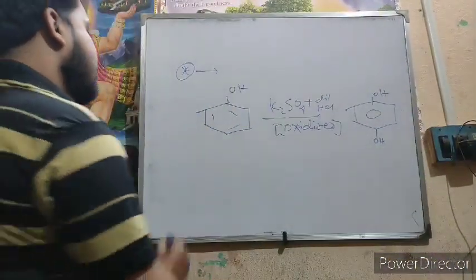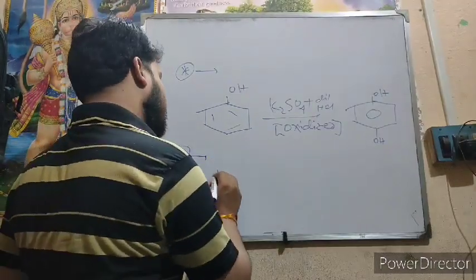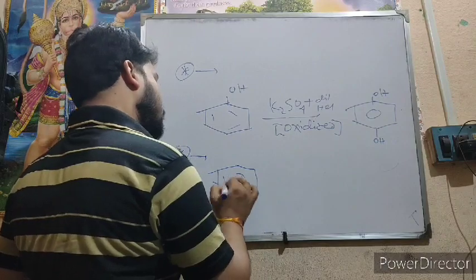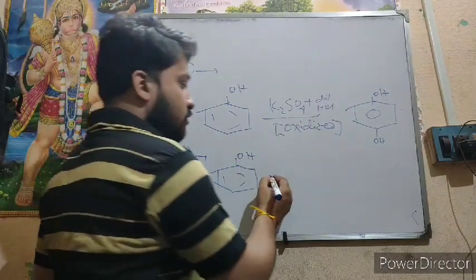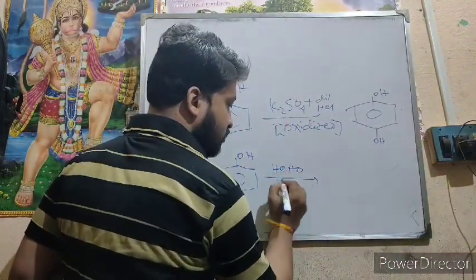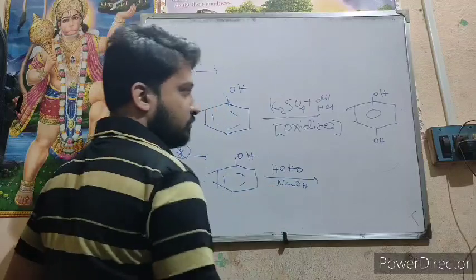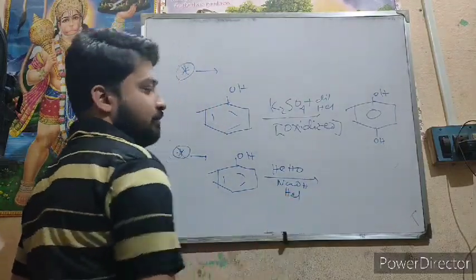Okay. There is another, the Lederer-Manasse reaction. What do you know about the Lederer-Manasse reaction? You take phenol, and you react with formaldehyde, HCHO, and NaOH. You can use dilute HCl.